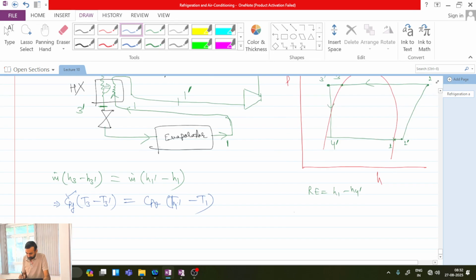So we have thermodynamic relation TdS is equal to dH minus VdP. Is this one clear?